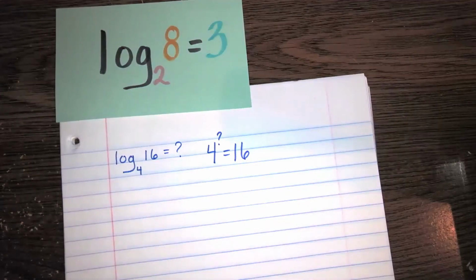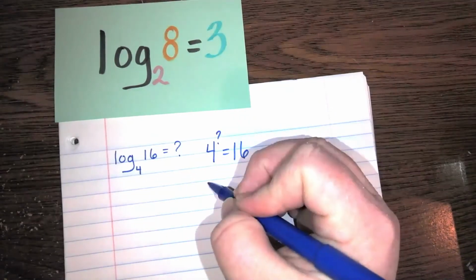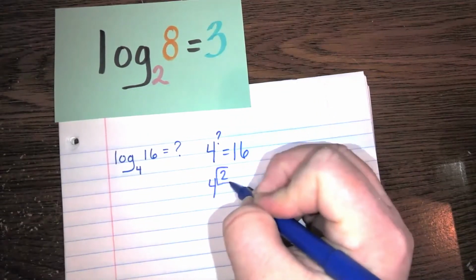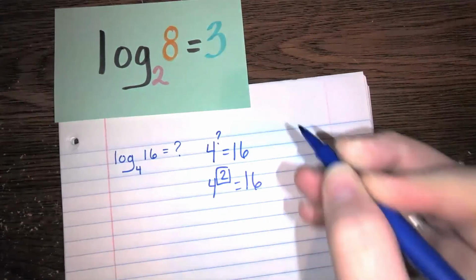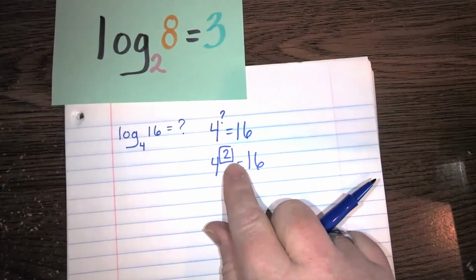Well, I can do that without a calculator, right? 4 to what power gives you 16? Actually, I can't do that, can I? I did that wrong, didn't I? No, I didn't, did I? 4 to what power? 2. 4 to the second power. So guess what? Your answer is 2, isn't it?